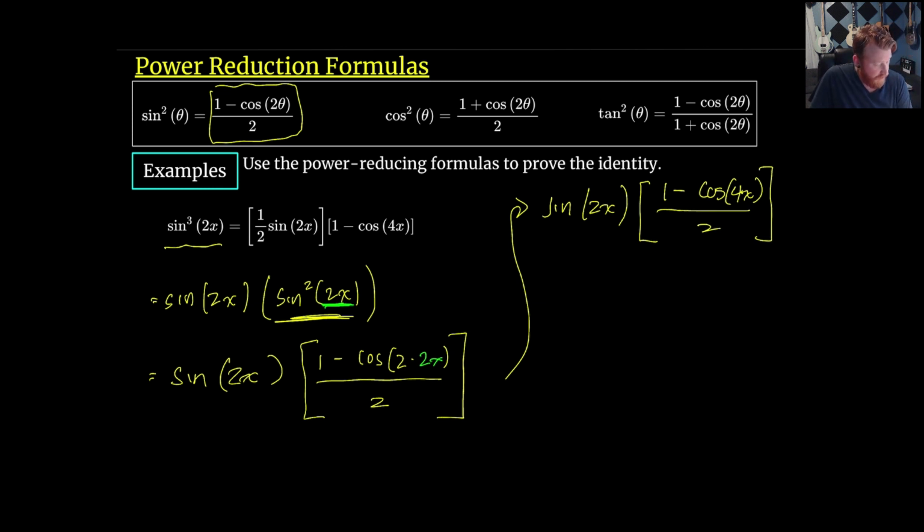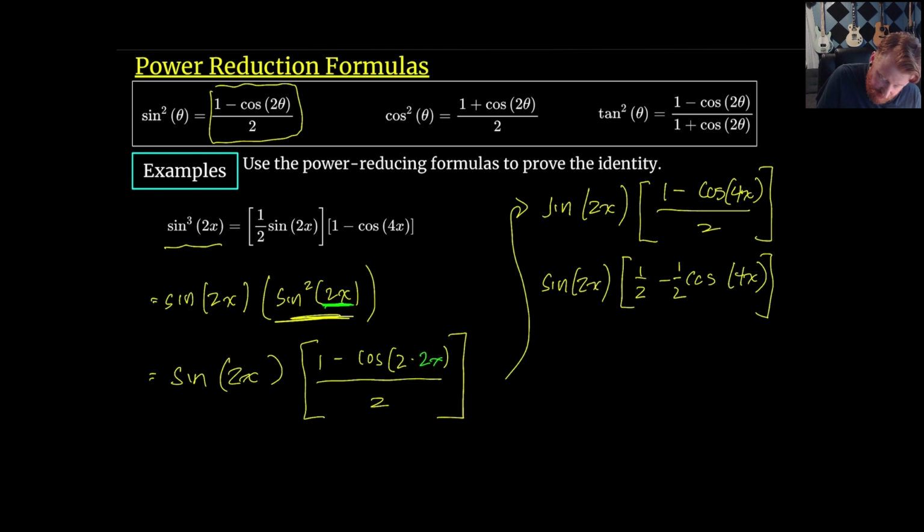And then I could think about rewriting this as 1/2 minus, oh, there's a 1/2 in here still, cosine of 4x.